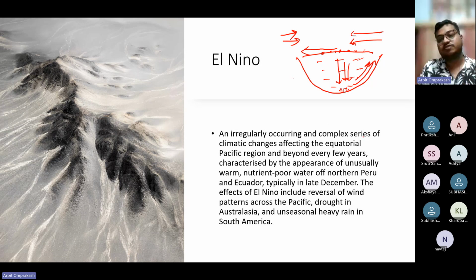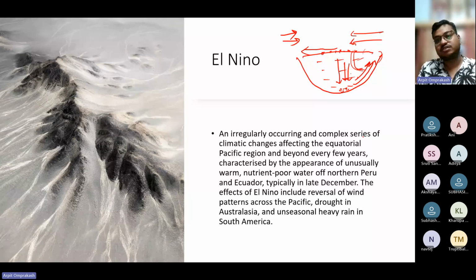So in this region near Peru, we don't get a lot of nutrients anymore because the direction of wind patterns has changed and the flow of the water in the oceans has changed. Because of that, you have nutrient poor, warm water here, and these fishes are not able to reproduce and grow.